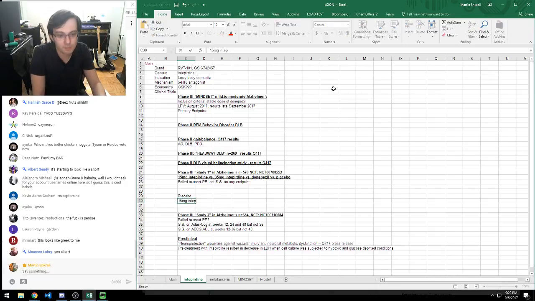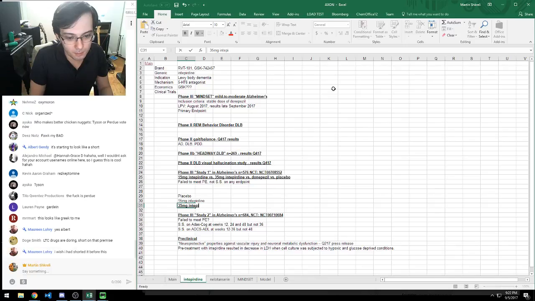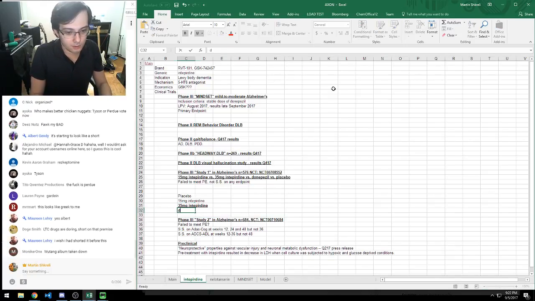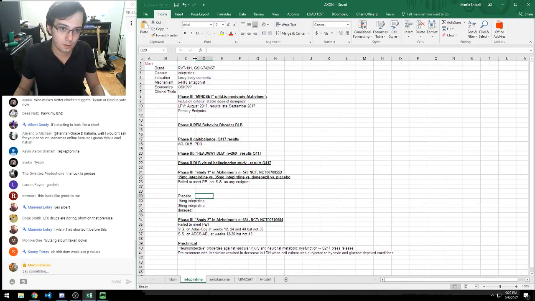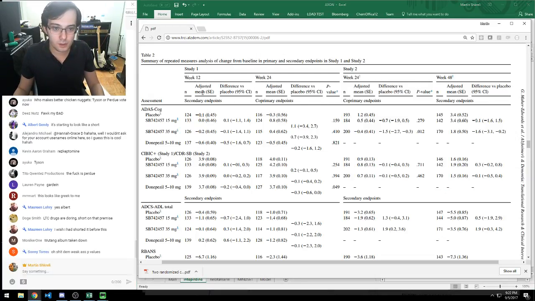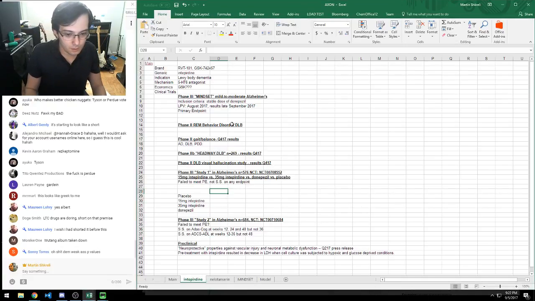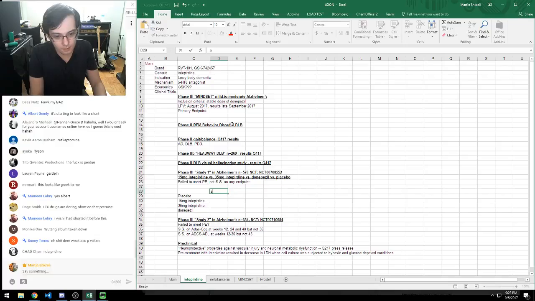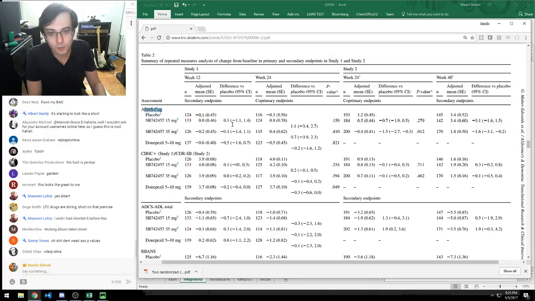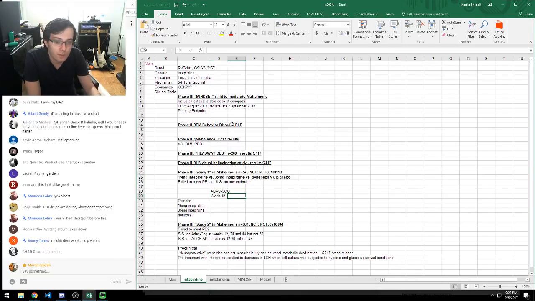Placebo, 15 mg intepirdine, 35 mg intepirdine, and donepezil. And there's a primary endpoint, which is ADAS-Cog, right? So ADAS-Cog, and there are 2 time points, week 12 and week 24.